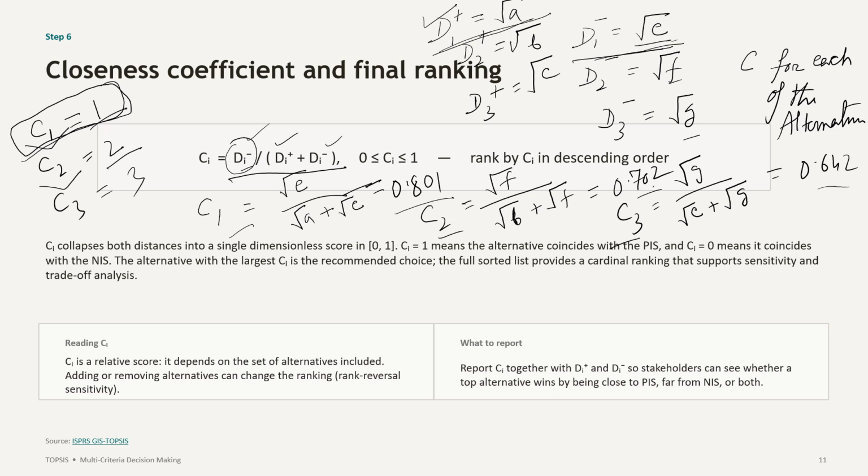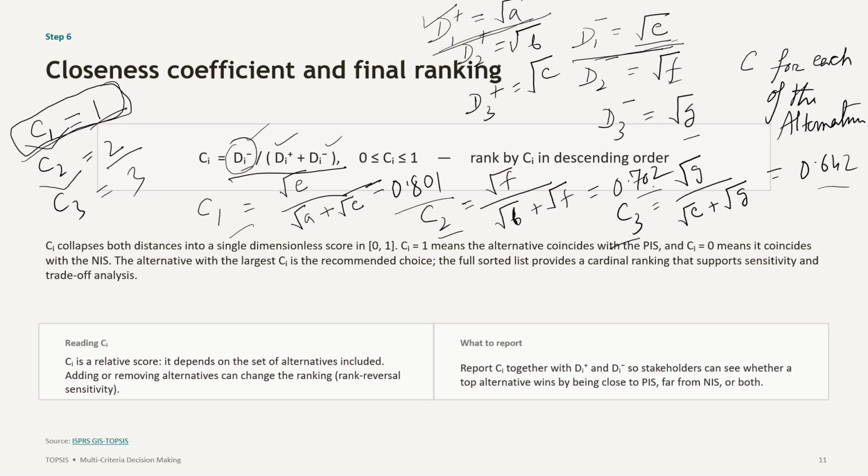So you will add both of them, the value of C1 and the value of C2, and whatever value you get, here I have referred to as A, you would square root them to find D. Find the value of D superscript plus; this plus indicates PIS, or positive ideal solution, and subscript i indicates the number of alternatives. In our case, first alternative, second alternative, third alternative. Similarly, when it is superscript minus, you have to deduct the NIS for each alternative for each of the criteria, and you will get D superscript minus subscript i.